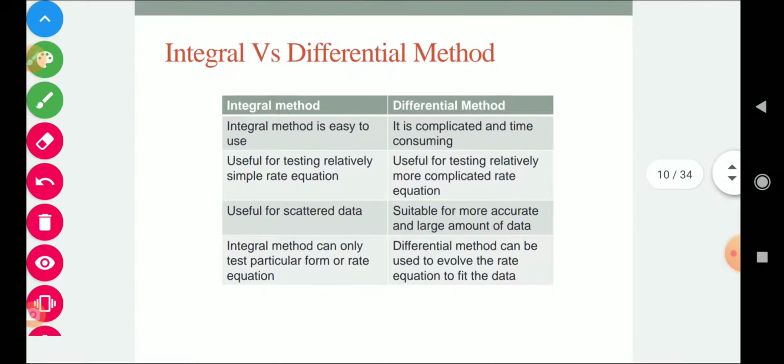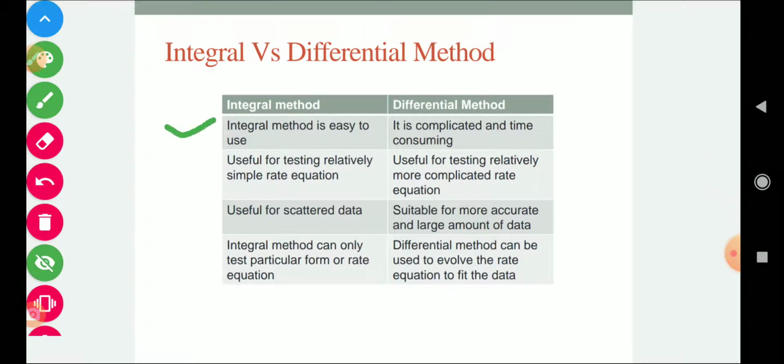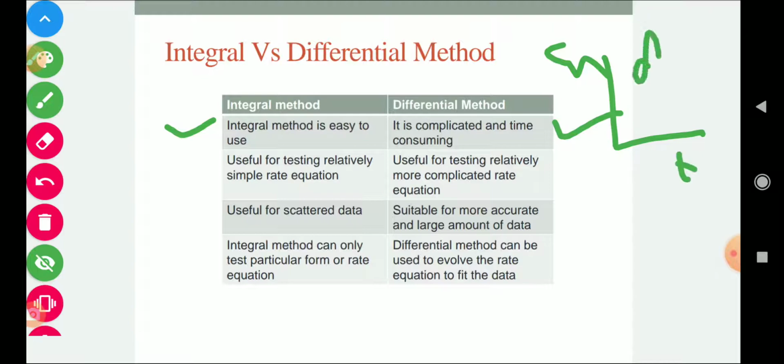Now if we compare these two methods, the integral method is easy to use. On the other hand, the differential method is more complicated and time consuming, because in differential method, first of all you have to plot a graph of concentration versus time to calculate dCA by dt.